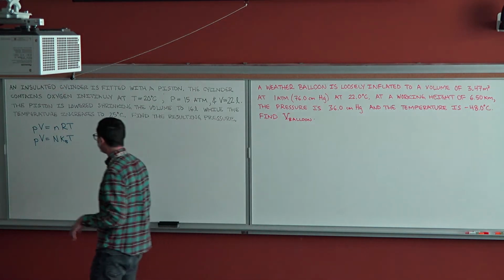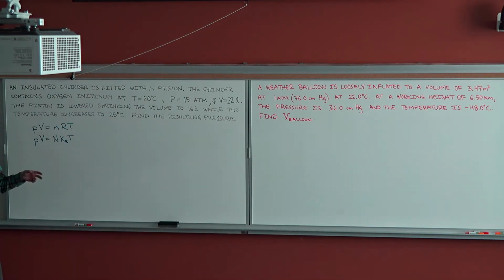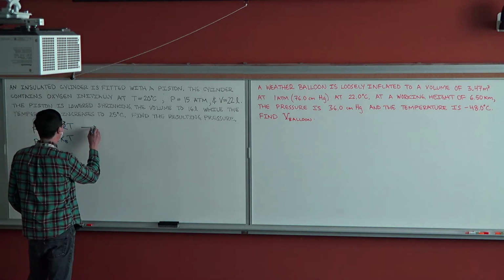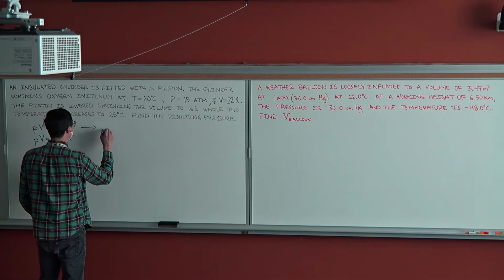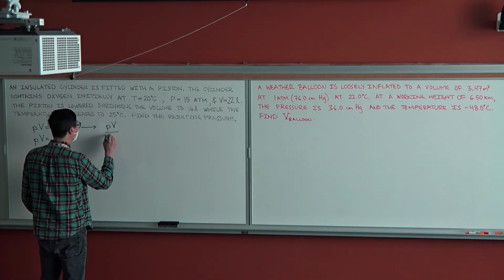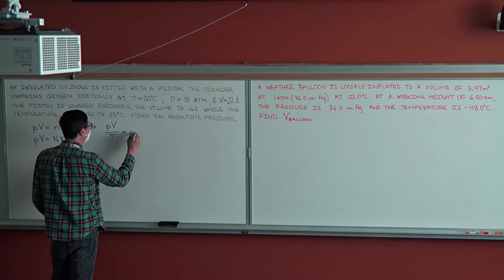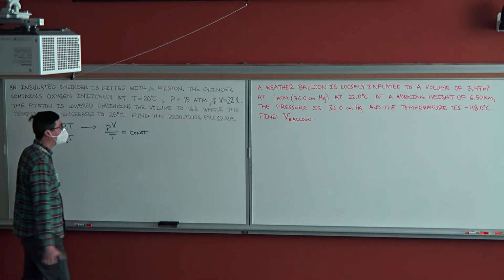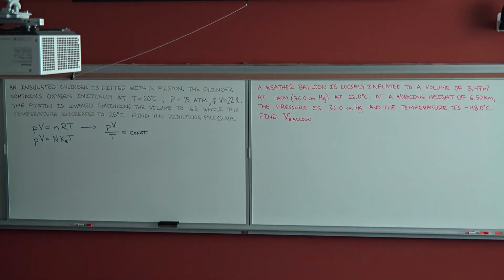Here we can pick either of these that we want. If we hold N fixed so that it's constant, and R is always constant, then we could argue that PV over T is some constant value.